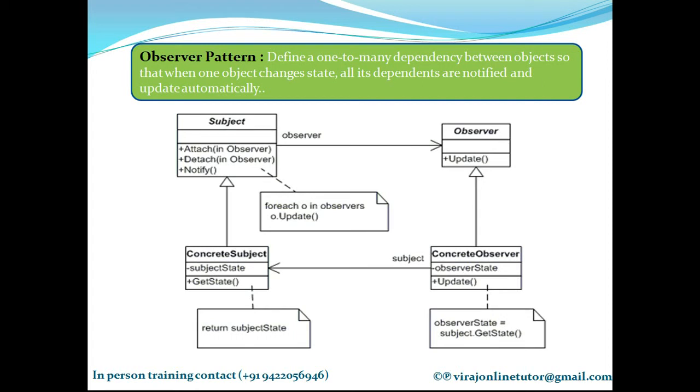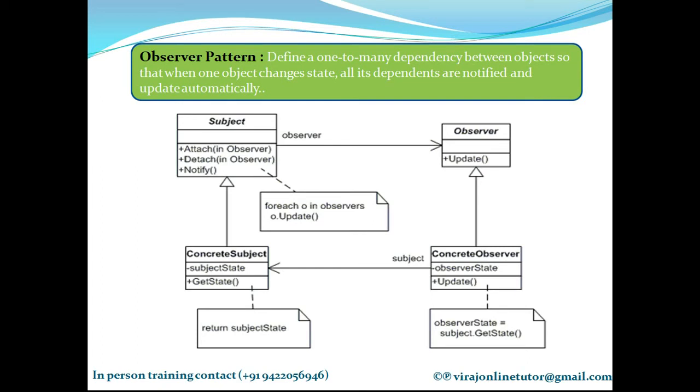So observer pattern describes how to establish one-to-many relationship. All the observers are notified whenever the subject undergoes a change in state.